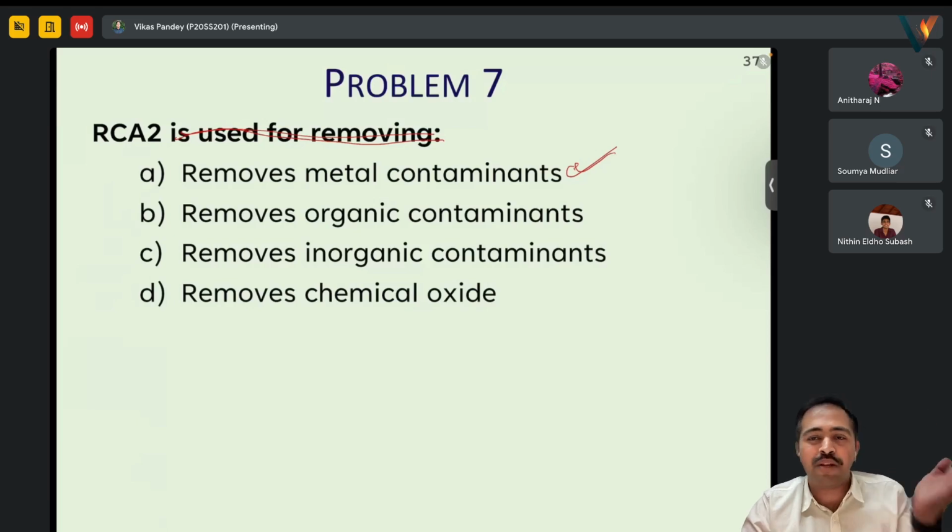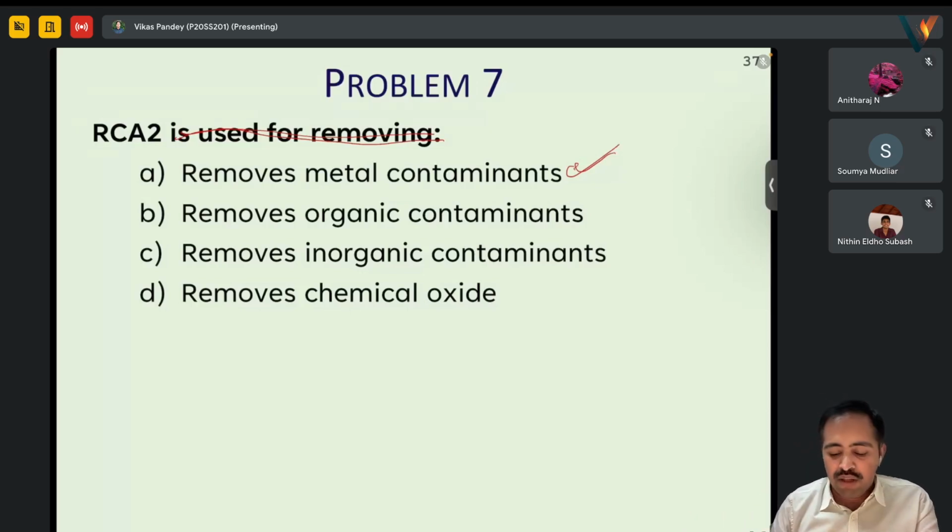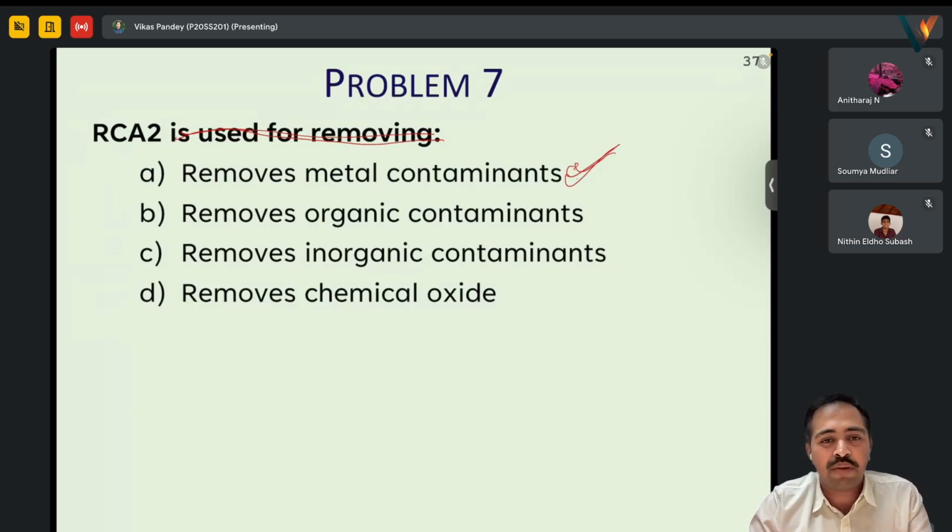It looks similar to the previous slide; there it was RCA1, this is RCA2. So Nitin has answered metal contaminants. Anyone would like to differ, like say, no, this is not the correct answer? Okay. So RCA2 is to remove the metal contaminants.